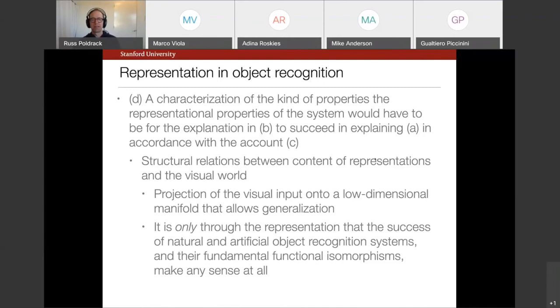The fact that natural images have particular features such that we can generalize across features that don't matter. And the argument is that it's only through the lens of representation that the success of these systems and the fundamental functional isomorphism between the visual and artificial systems makes any sense at all.